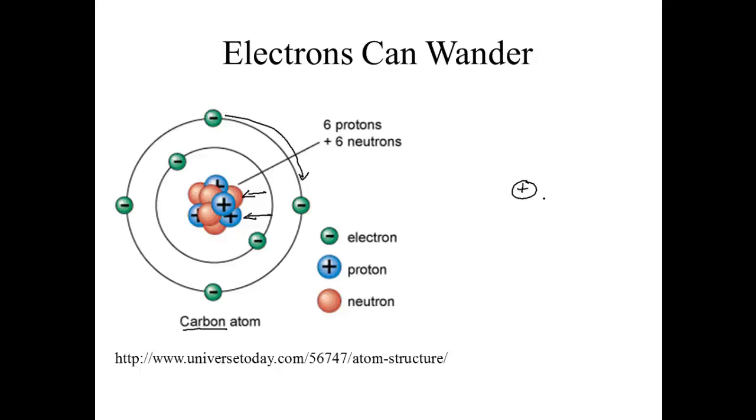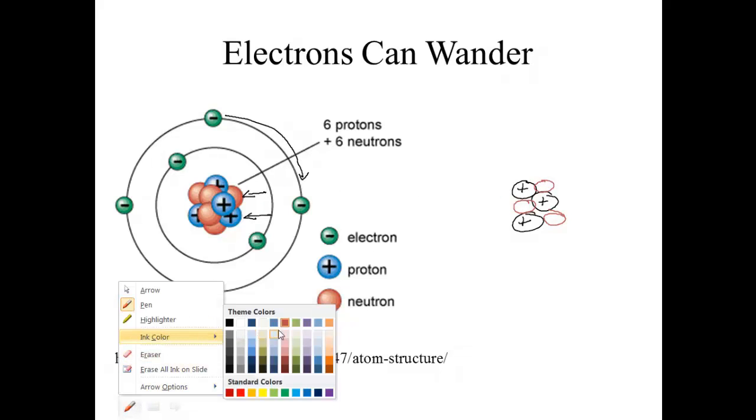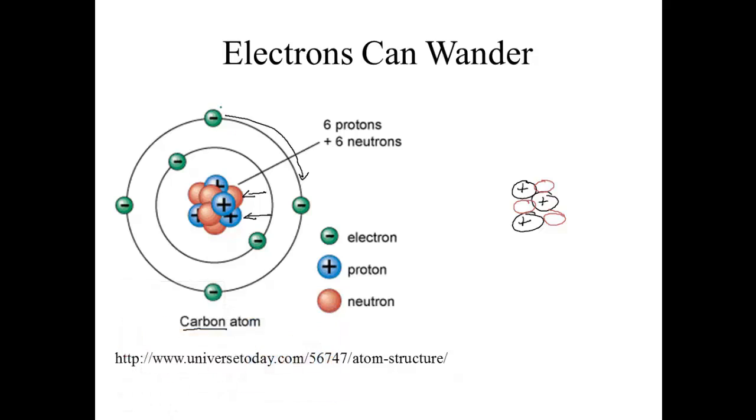And so, if you had another nucleus out here, and the electron were so inclined or were forced, the electron could jump easily from one atom to the next, and then start spinning around this atom.